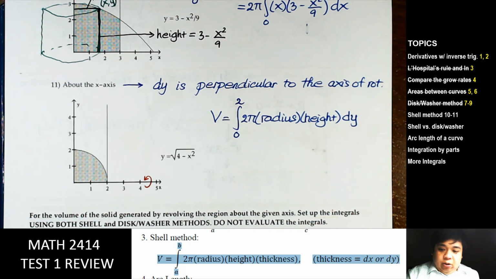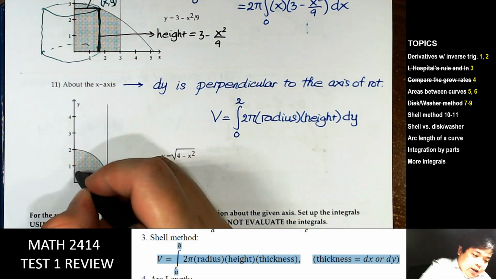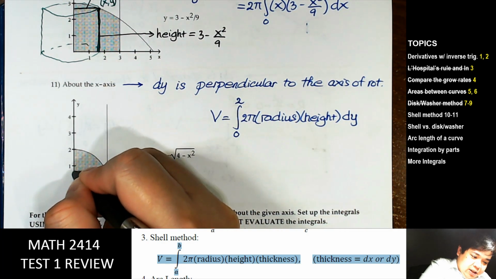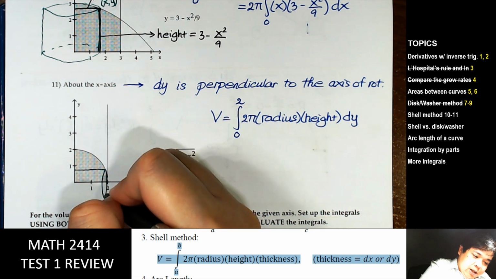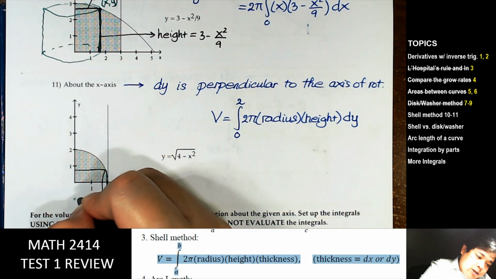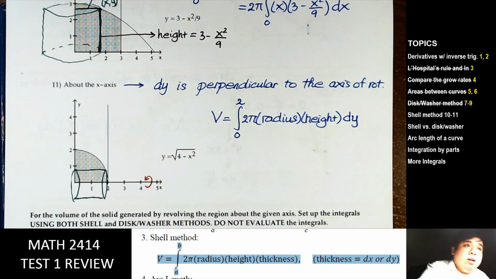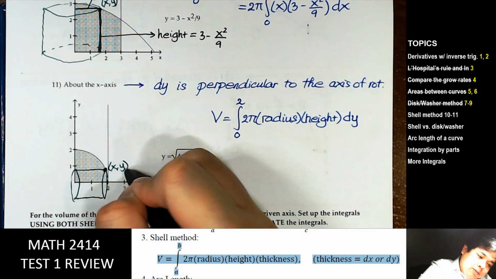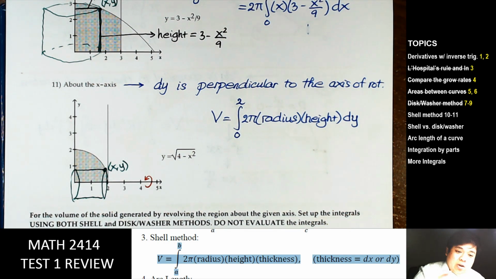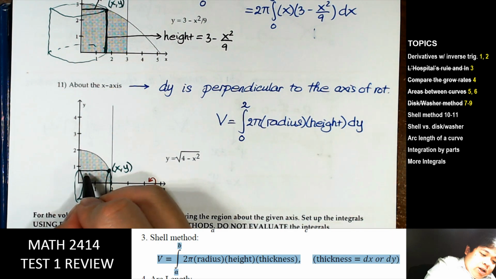Alright, the height and the radius. Now if it rotates like this, we have to draw the cylinder like this. So this point is just x and y. The height of the cylinder is going to be this one.